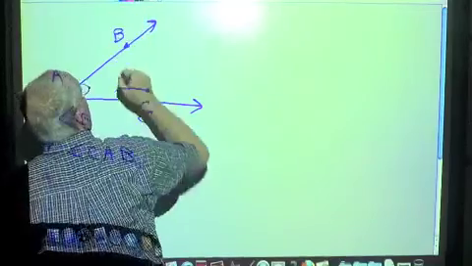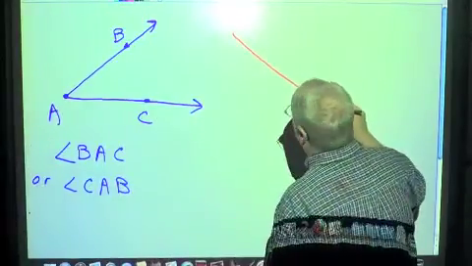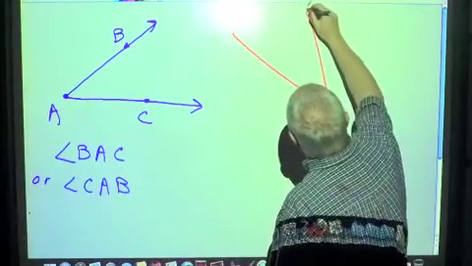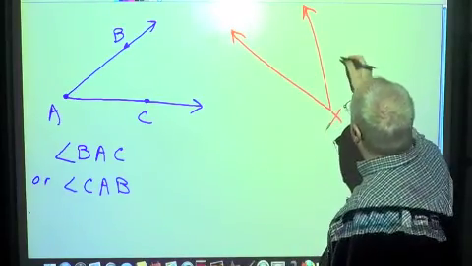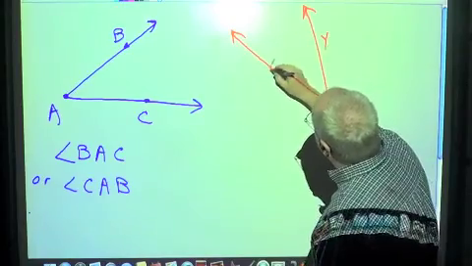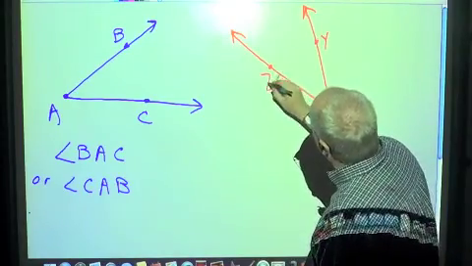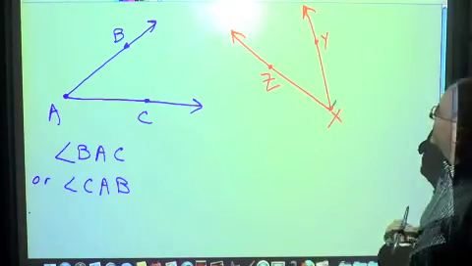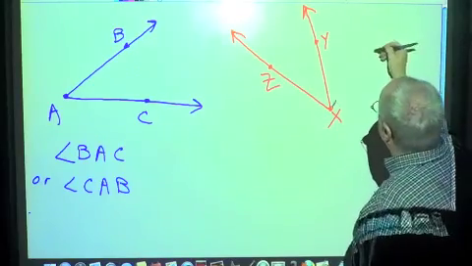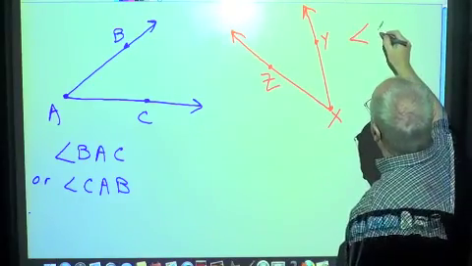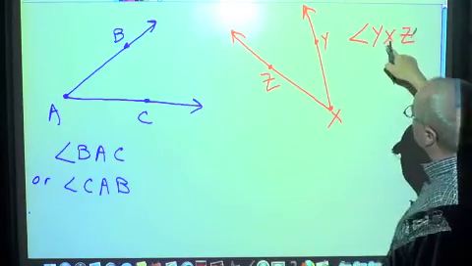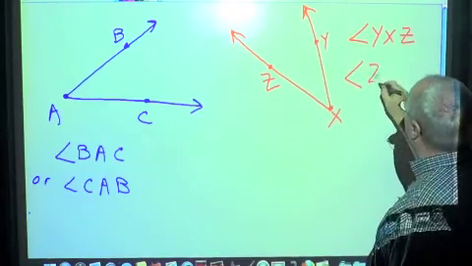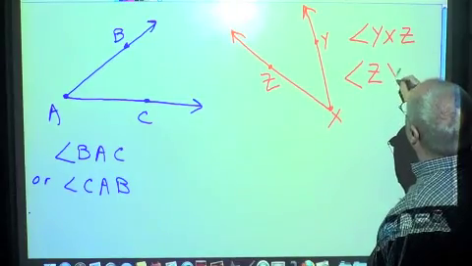Let's have another angle over here. Let's call it XYZ. So this name would be angle YXZ. Notice the vertex is in the center. Or angle ZXY.